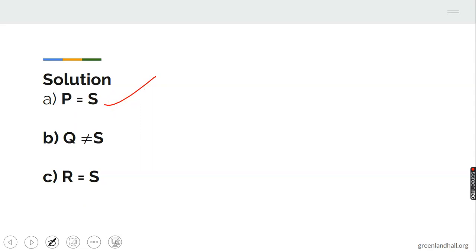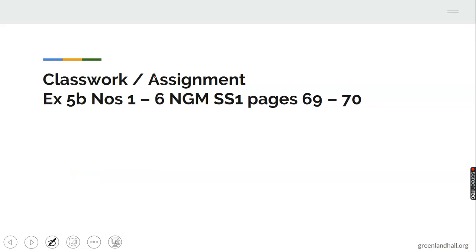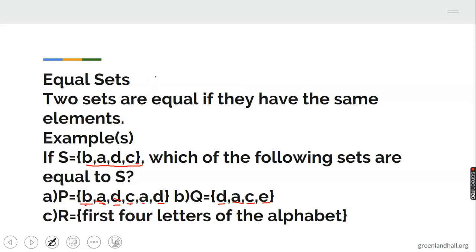Now let's see Q. In Q there's something that is different. There's no E in S, but there's E in Q. So they are different.